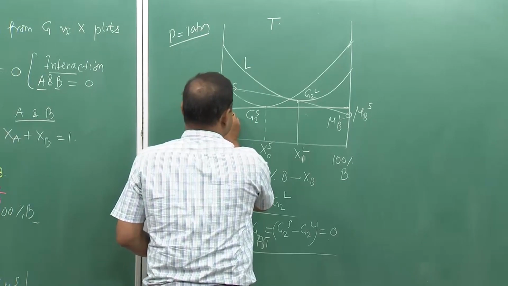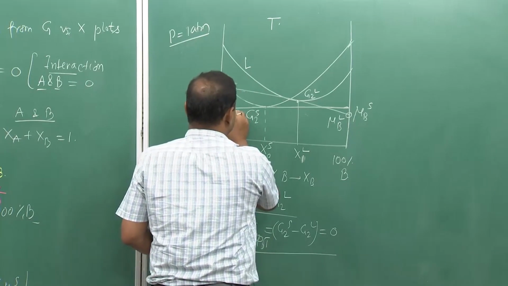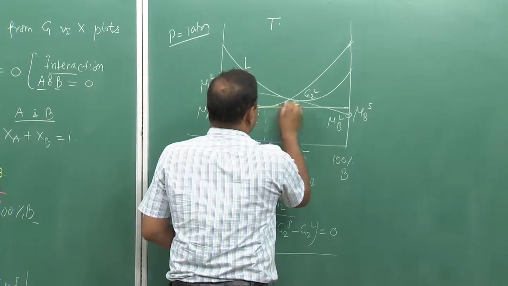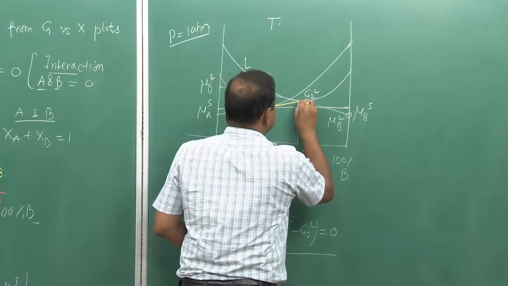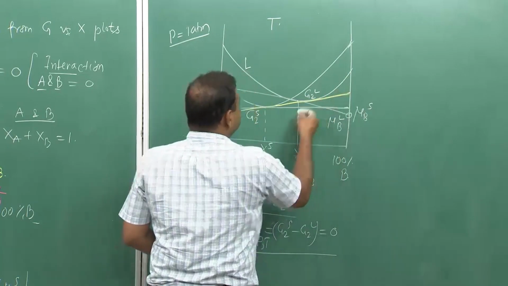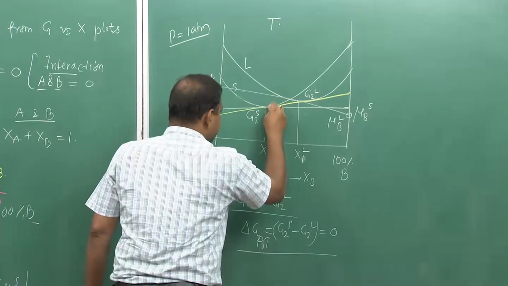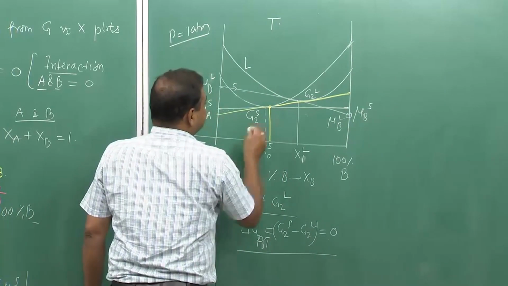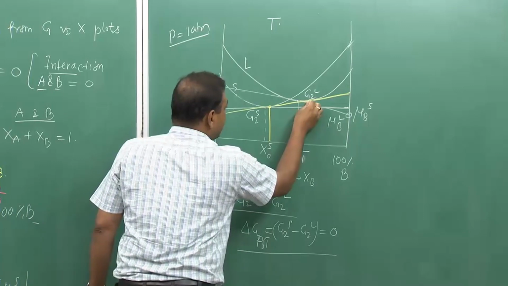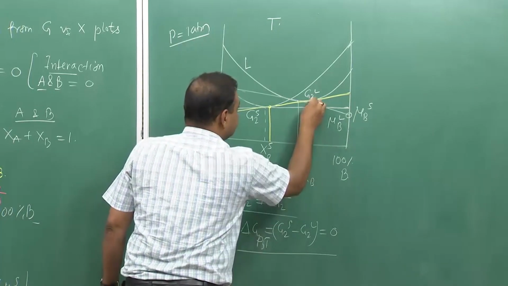So, that means if we draw a tangent over this particular graph and that tangent cuts the other graph at some point, then you can see it has cut the solid line here and the liquid line here.